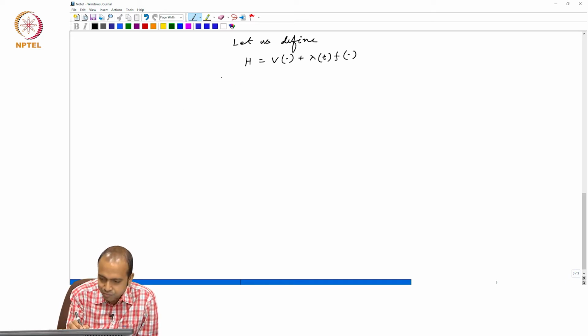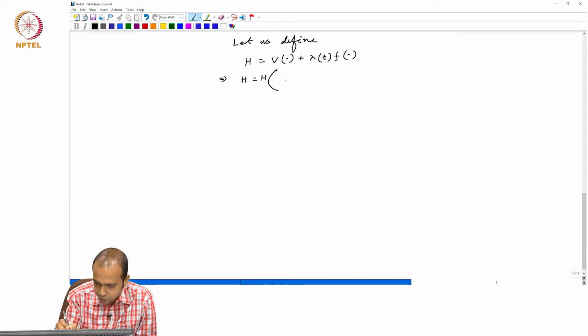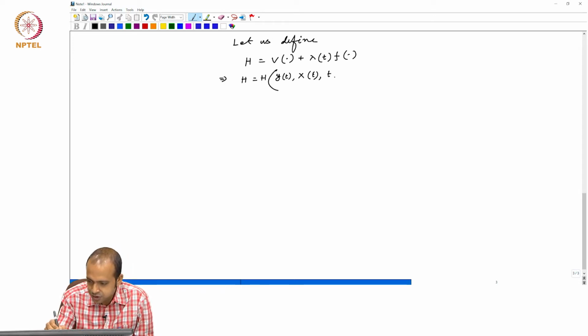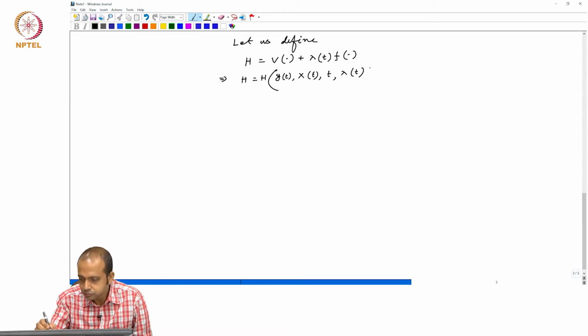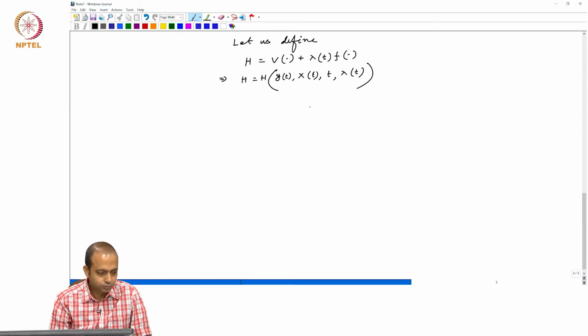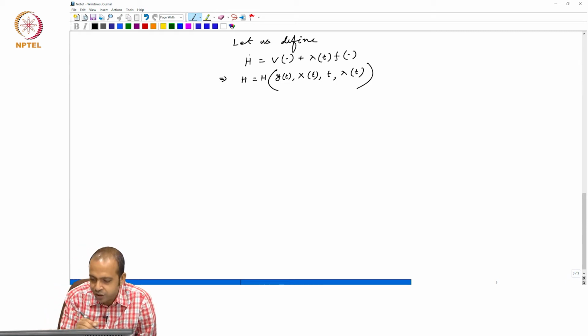So, this implies that h is a function of y t and x t, this t and lambda t. So, this is how instead of v dot lambda t f dot, we are just putting h. So, our Lagrangian expression would become much more precise.